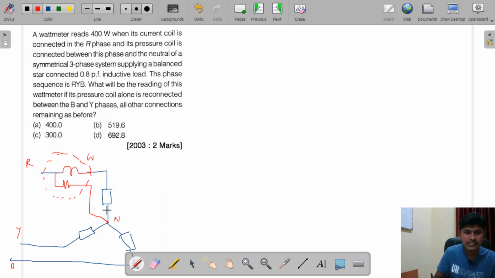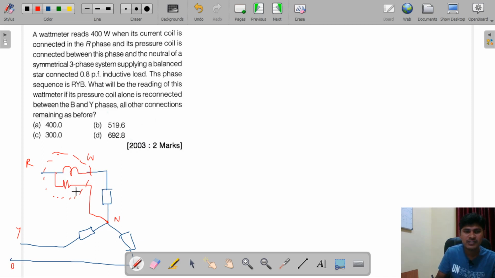The current coil is connected in series with this load and the pressure coil is connected across this load. Here, see, this wattmeter measures per phase power, because the current coil is in series with this load, and the pressure coil is connected between line and neutral.